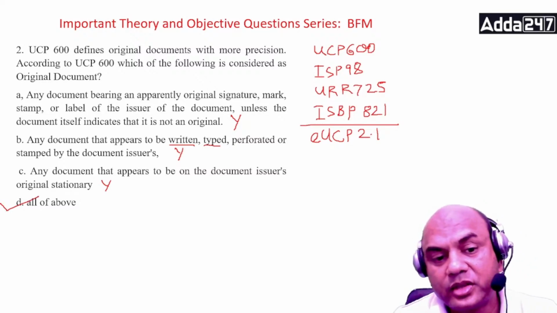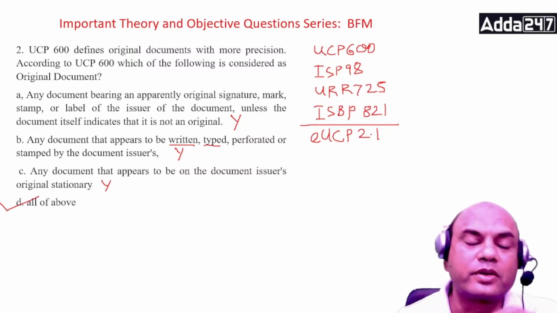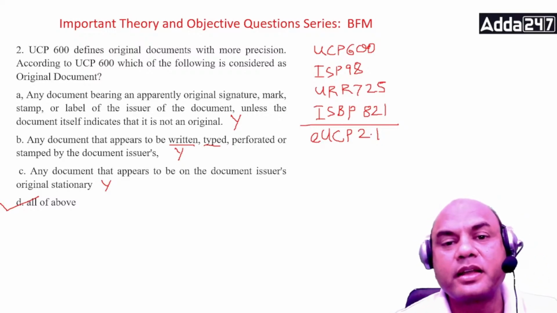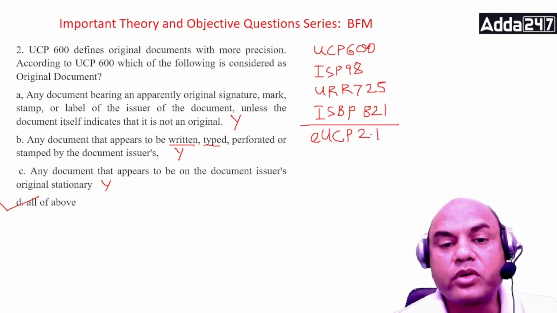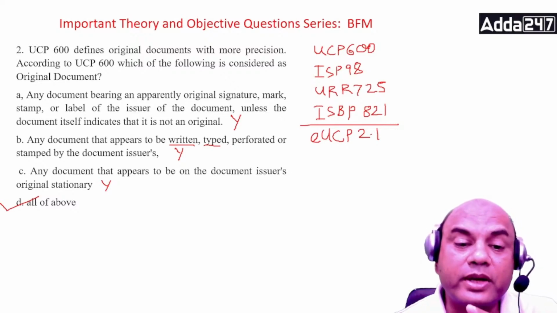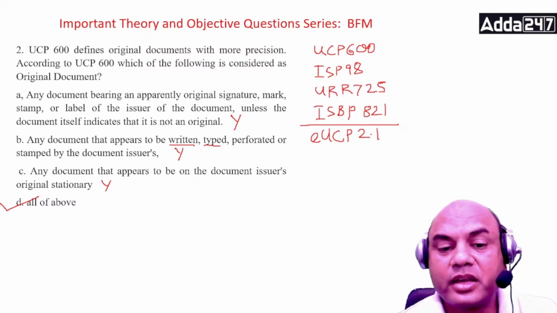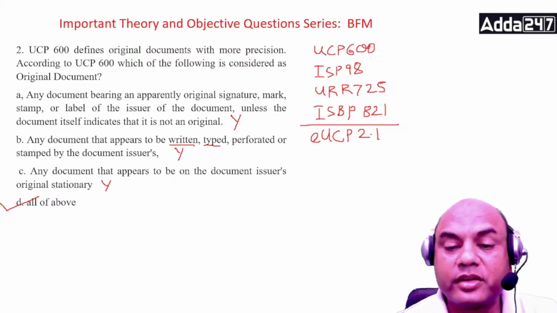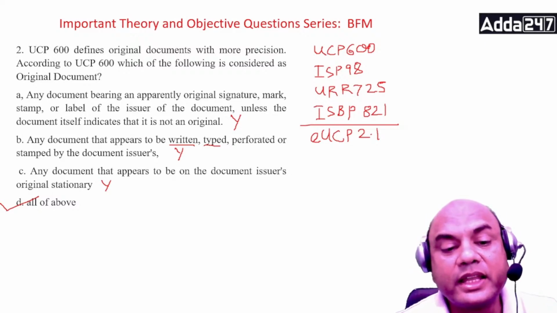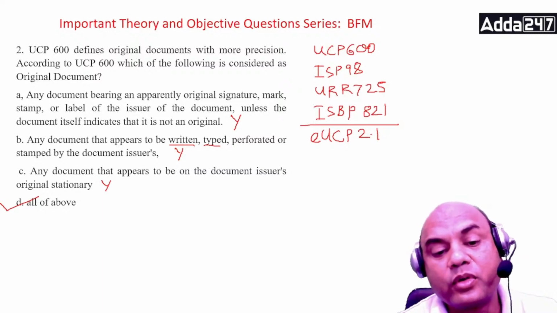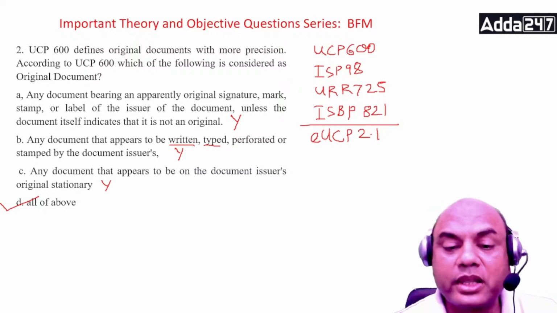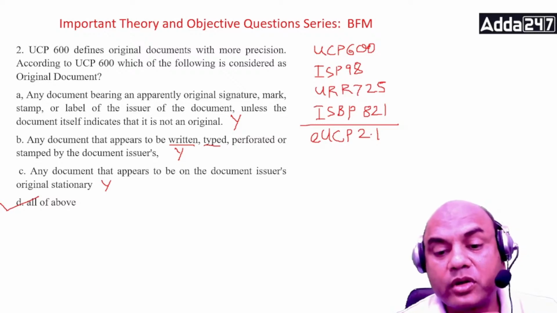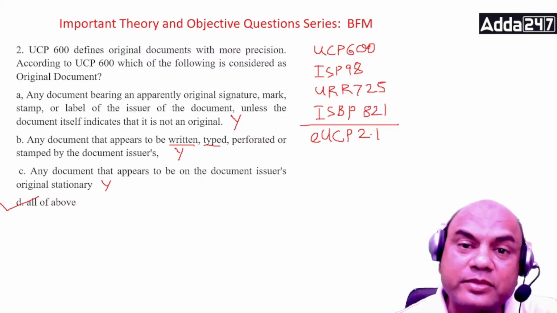To give you more explanation on this, there are total 39 articles in UCP. Out of them, Article 17 defines the original documents. Article 17 defines original documents as any document bearing an apparently original signature, mark, stamp, label of the issuer of the document, unless the document itself says it's not original.